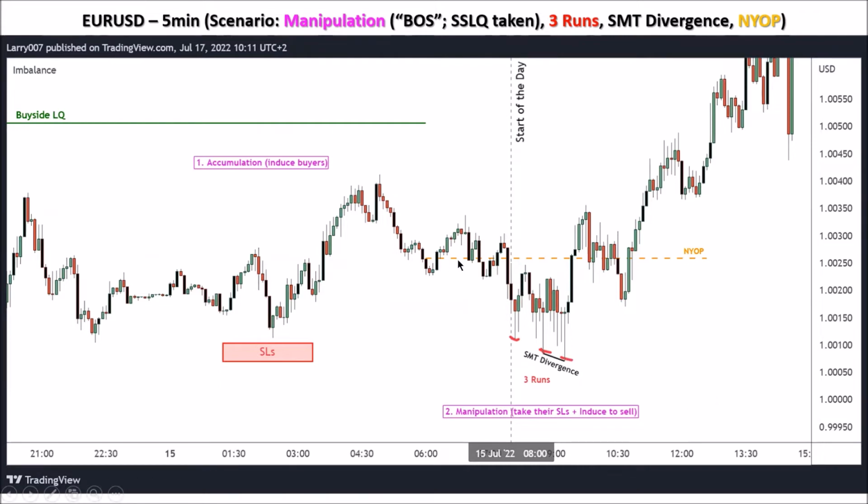So still the same thing, New York open. I use it here just, I don't want to explain everything, but yeah, I use it for a buy. For example, I would like to buy below this New York open, and for a sell, I would like to sell above. So the New York open is like midnight for this one.